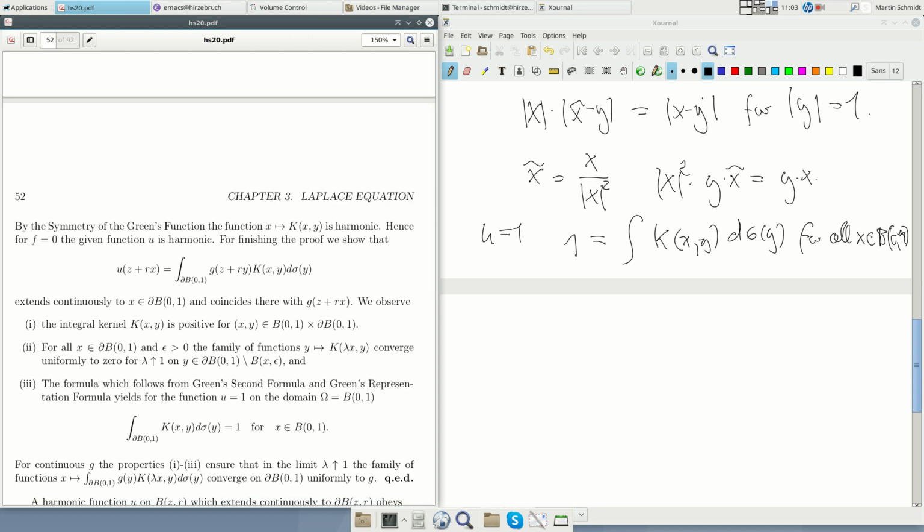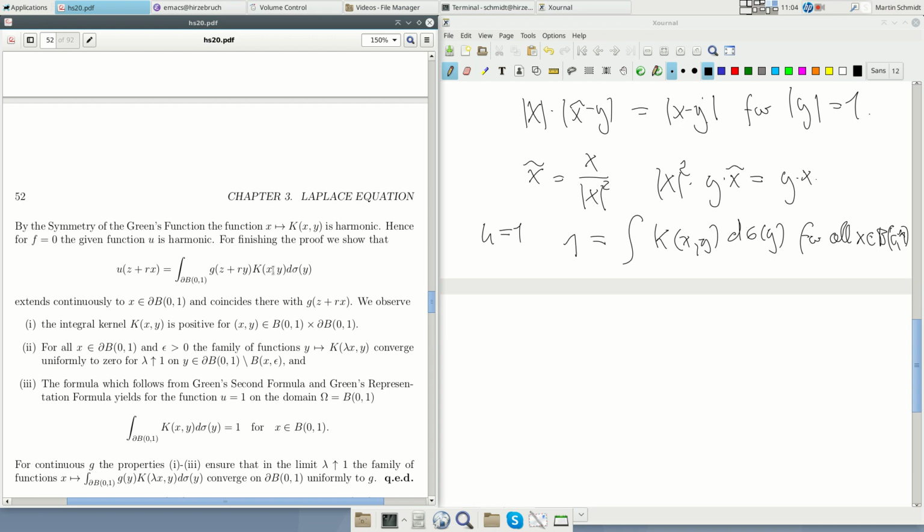Okay, now we observe three properties. What we need to show is that this extends continuously to the boundary. We already know it's harmonic, since it's a derivative of the Green's function, which is harmonic.